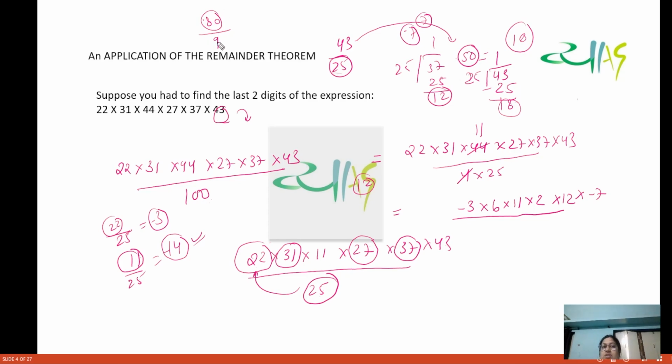So what is 80 divided by 9? What is the remainder here? See, you know 9 into 9 is 81. And 80 is just one short of 81. So I write minus 1 as remainder here, and because remainders cannot be negative, I make this 8.